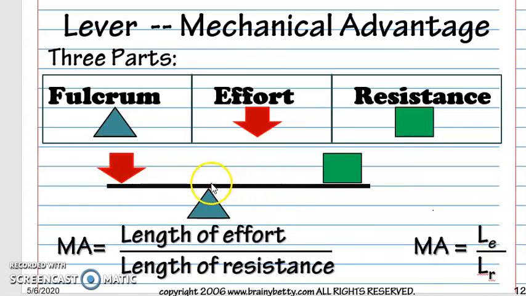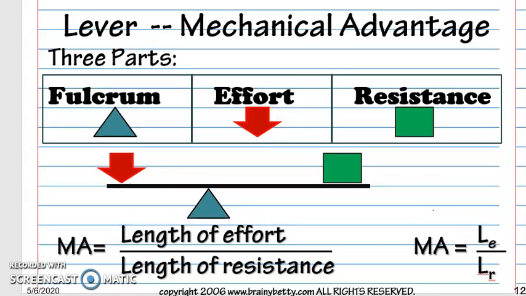The resistance is your weight. Sometimes effort is called applied force. Resistance is sometimes called the weight of your object. Anyways, from the middle of the weight to the fulcrum is the length of your resistance. They will be in the same measurements. If they're not, you need to fix them. If one's in centimeters and one's in meters, you need to fix that.